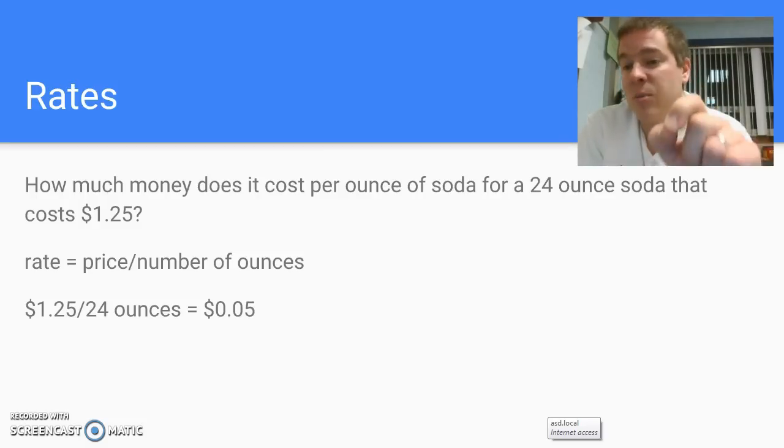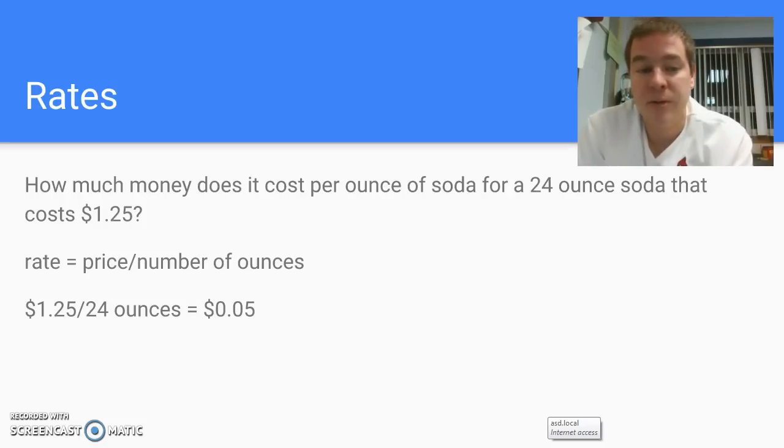The price is what's going to go on top. So you're going to divide $1.25 by 24 ounces. So cost per ounce.